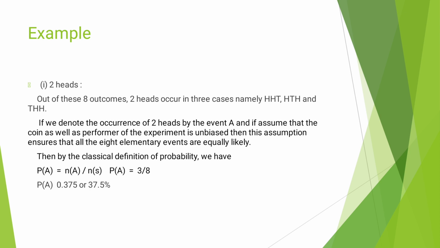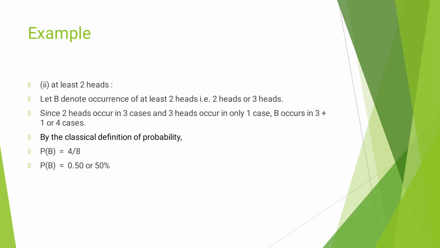Then by the classical definition of probability, P(A) = n(A) / n(S) = 3 by 8, P(A) equals 0.375 or 37.5% for exactly two heads.